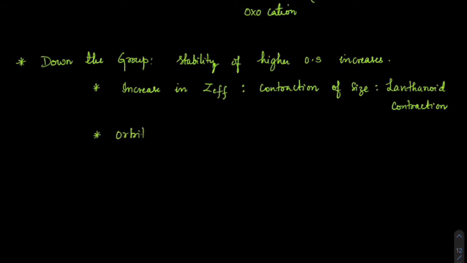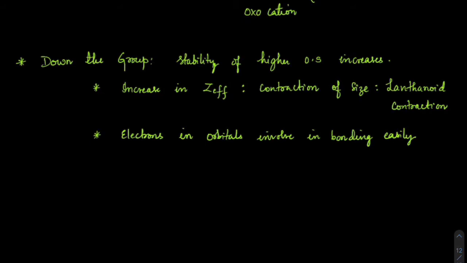Because it has a contraction of size here, electrons in orbitals are involved in bonding easily, right? Because it is getting contracted, they would have more repulsions within the molecule.